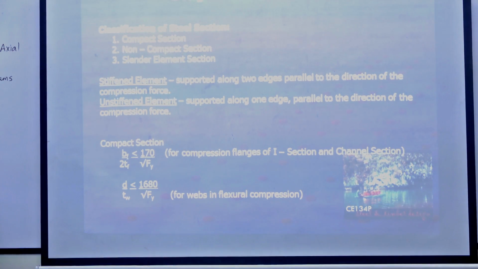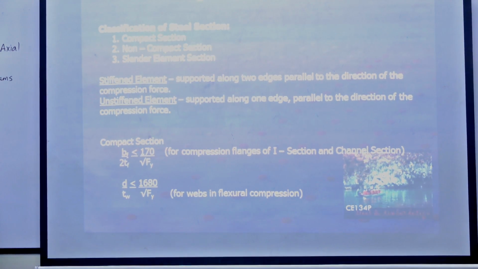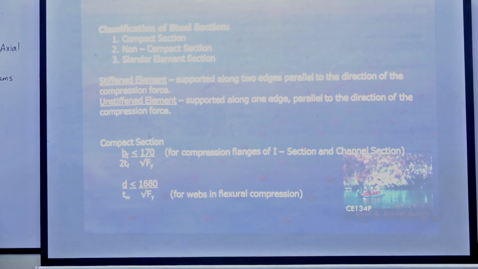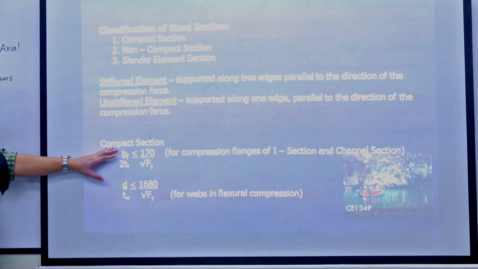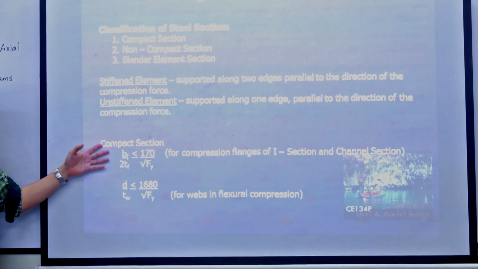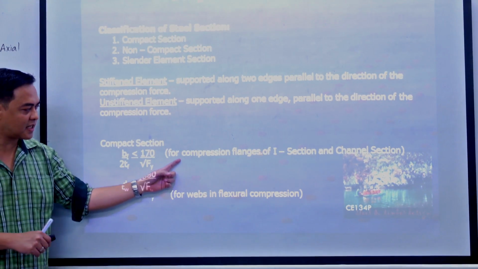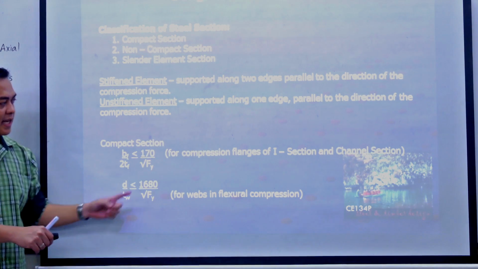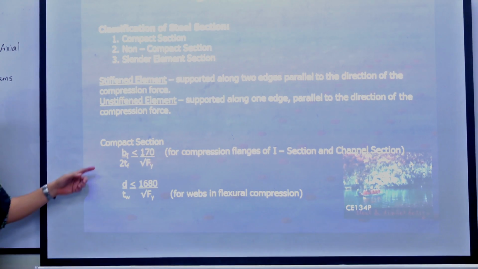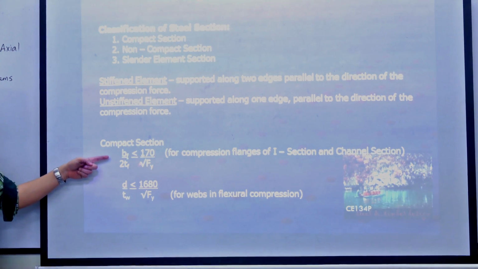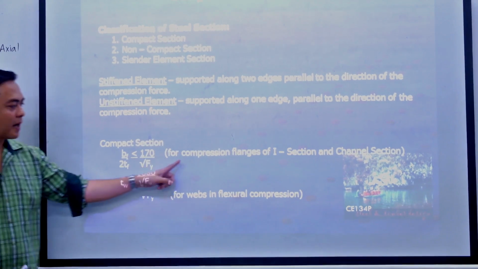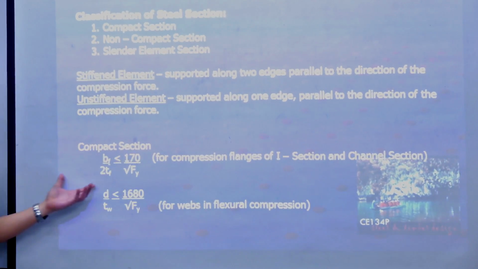For us to have a compact section, each of its elements should be compact. Okay, so we have here the compact section. The first equation is for compression flanges of an I-section and channel section. If this equation is satisfied, meaning our compression flange would be compact.